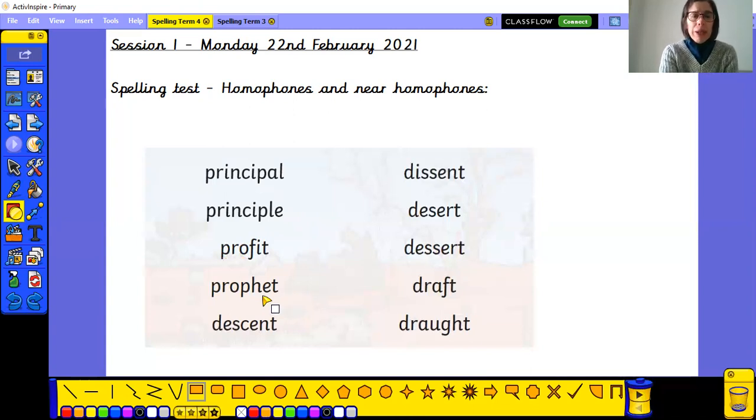Descent here is like going down, and this is a word we use sometimes in math when we talk about ordering numbers in descending order. Dissent here is when we disagree with someone. Then we've got the desert family. The first one is when we talk about a dry land, contrary to the second one, dessert, when we talk about pudding.